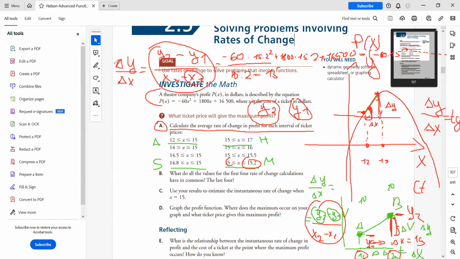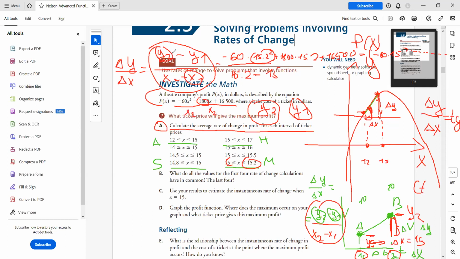So what I'm doing here is substituting the x2 value into my function, right? My function is as follows: negative 60 times x squared plus 1800 times x plus 16,500. So I have to substitute my x2 here after 1800 and my x2 here after negative 60.